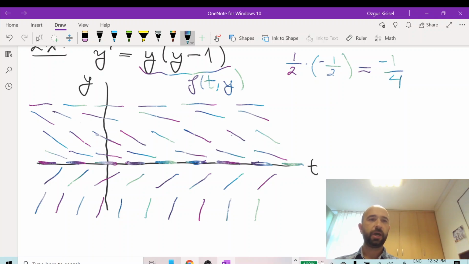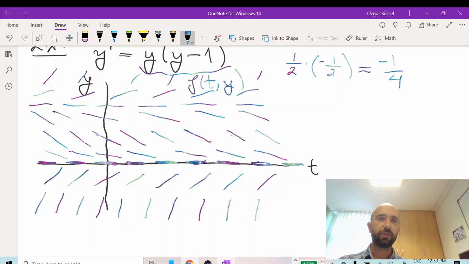Kind of the same thing happens up here. If y is greater than 1, then this is a positive number, so slopes are positive here and increasing as you go up. Okay, I'm getting out of the graph, but I think we get a picture. This is kind of what all slopes would look like if we were able to plot them all.